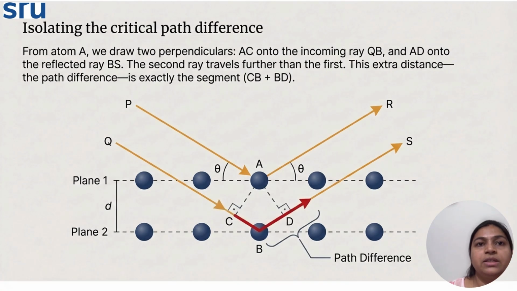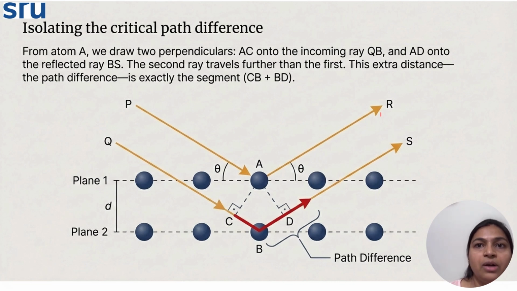Let us consider the X-ray PA, which falls on the atom A, and after reflection goes along the path AR, and another ray QB that comes to B, hits plane 2, and is reflected back in the direction BS.